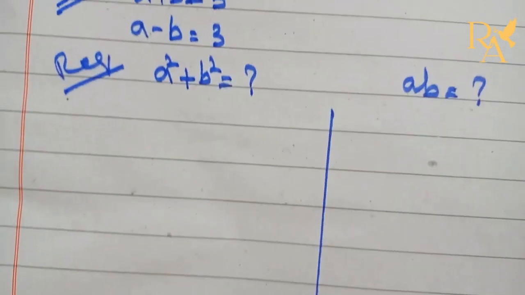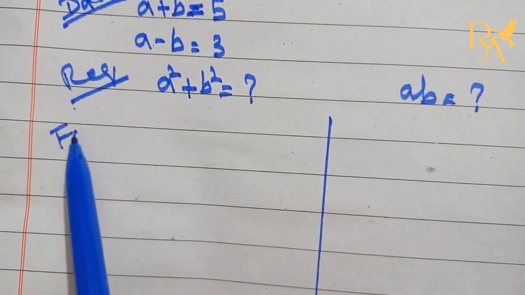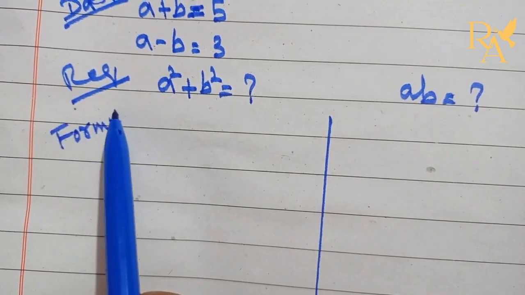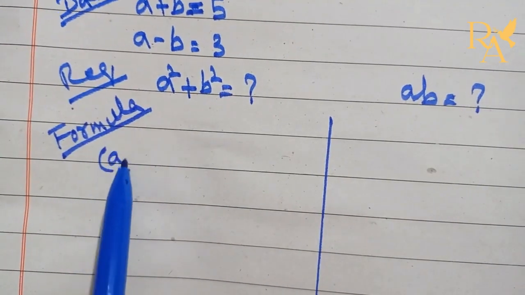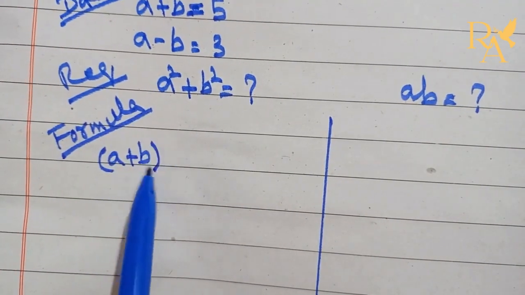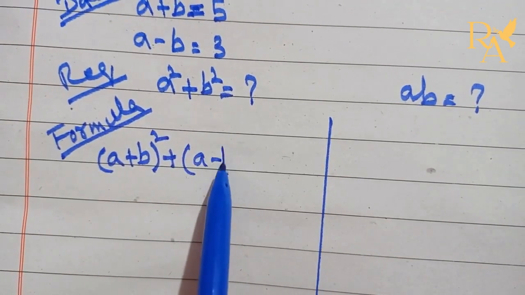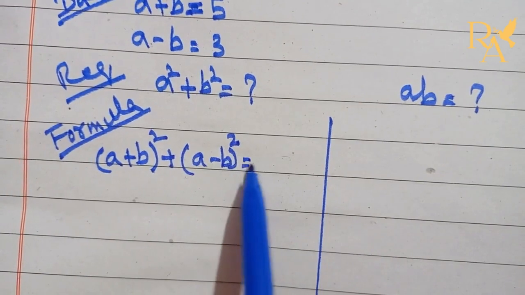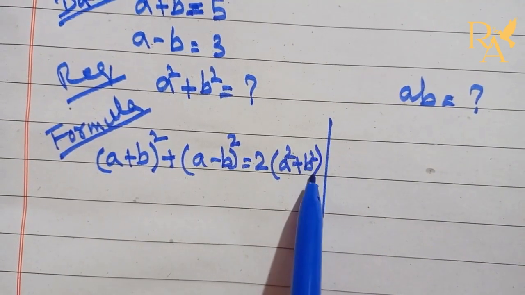For A square plus B square, there is a formula. (A plus B) whole square plus (A minus B) whole square is equal to 2(A square plus B square).